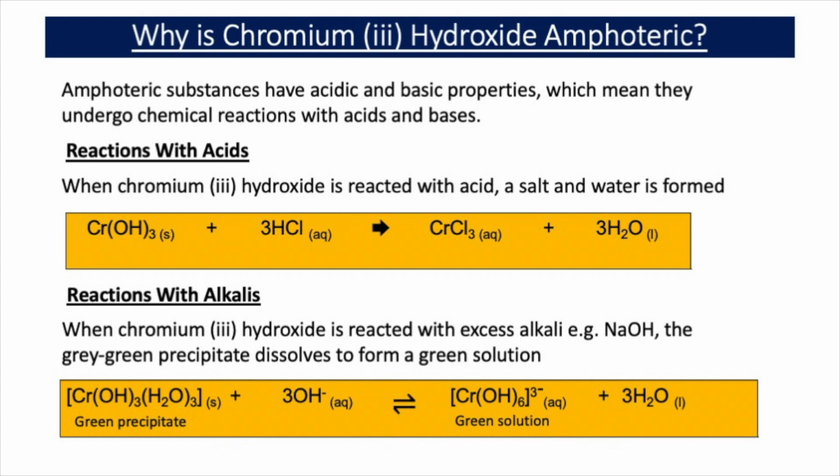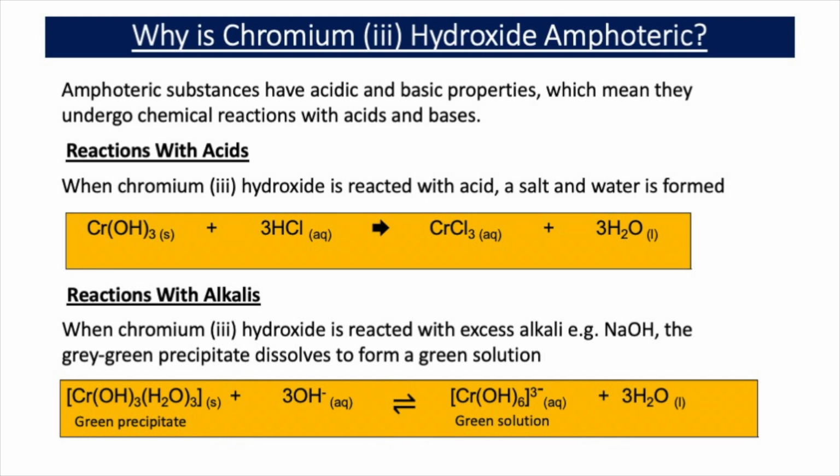Now once again, the oxidation number of chromium doesn't change here. It's +3 when it's Cr(OH)3(H2O)3, and it's also +3 in the [Cr(OH)6]3- complex.